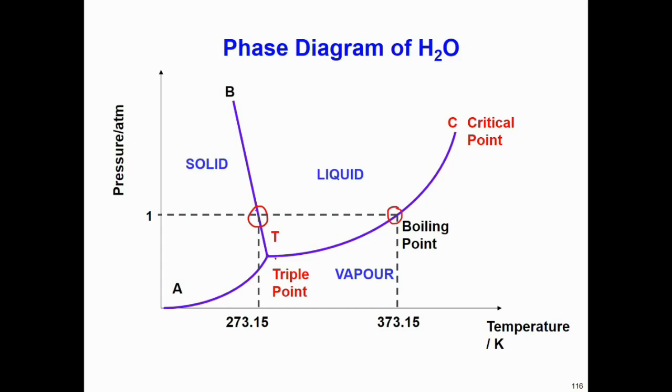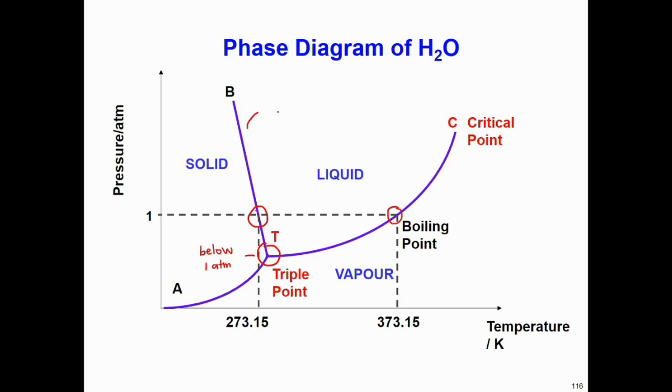Now let's look at the triple point of water. The triple point of water exists below 1 atm. This is the point where H2O exists as solid, liquid, and vapor in equilibrium. The difference between the phase diagram of CO2 and water is the line TB, where we have a negative gradient for water.